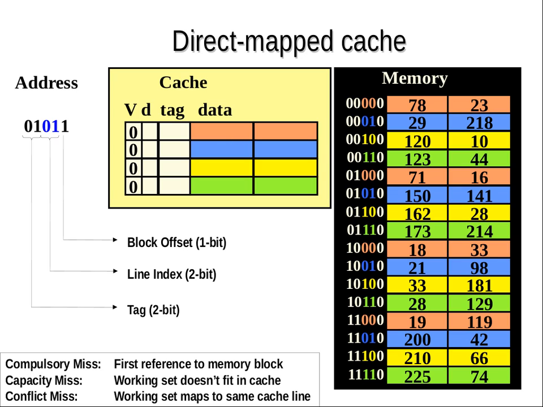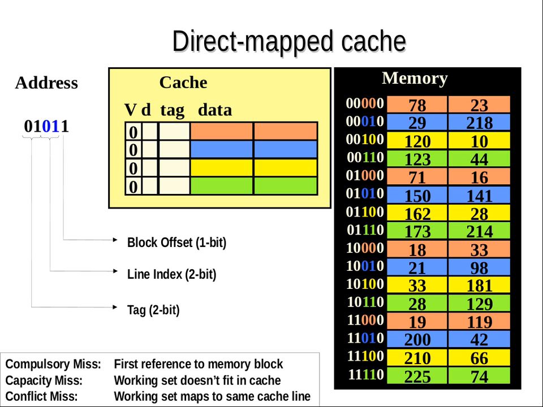Where is this in memory? 110. So which line from the top? Oh, okay. So this is the first line. Is it that one? No. Yeah, this one. So it's the fourth line from the top. So where does that go in our cache, our 4-line cache?